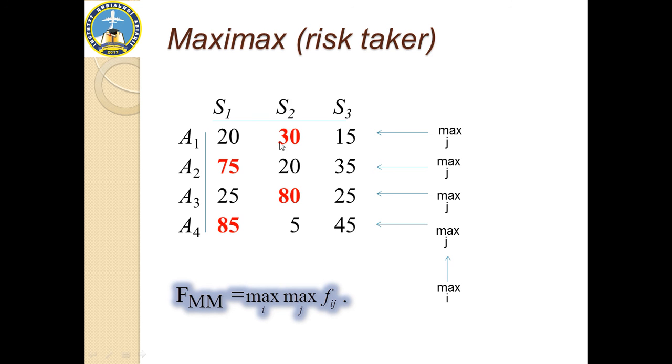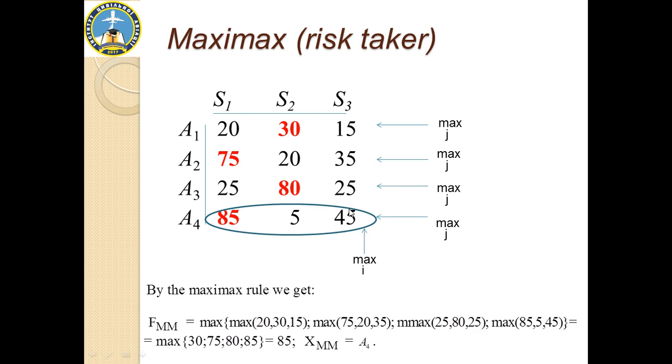If we're ready to take some risks, we may find ourselves in a situation where we get indeed this maximum payoff of 85. But if the market or nature is not in favor, we may reduce our payoff considerably, and instead of 85 we just get 5 or 45 depending on the state of nature. So by this particular risk-taker approach to decision making, the option A sub 4 is optimal.